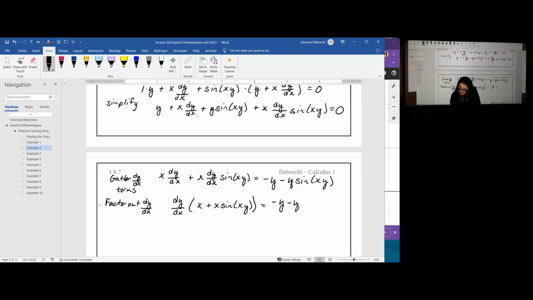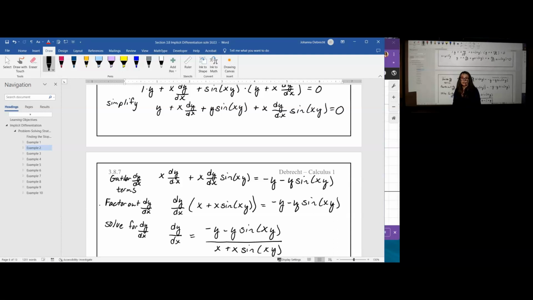The right side is unchanged. In the final step, we want to solve for dy/dx by dividing by its factor. Again, this is an implicit formula for the derivative, so I will have to know both the x and the y coordinate at the point in order to find the derivative, the slope of the tangent line at that point.